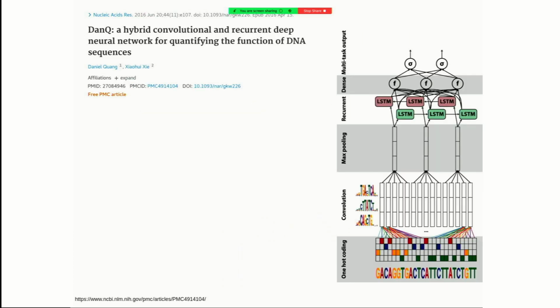Here's another example that's interesting because you combine convolutional and recurrent layers. So you have first convolution and afterwards recurrent. Convolution for filtering and making sure irrelevant parts are not taken into consideration, and LSTMs to just remember the hidden state.